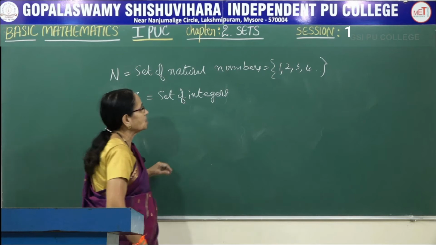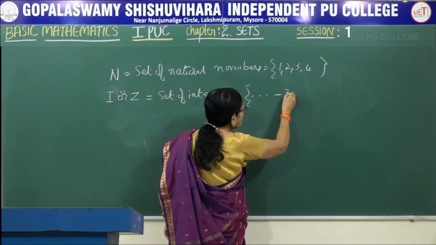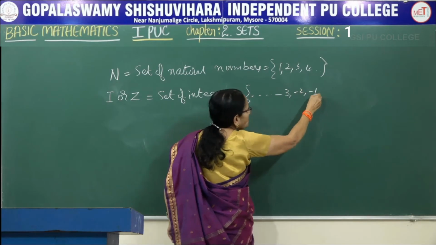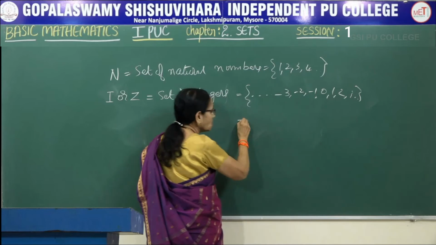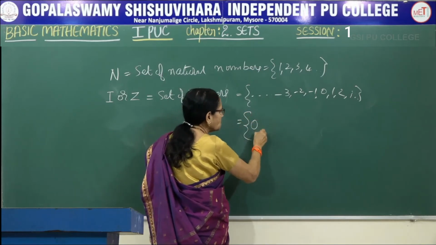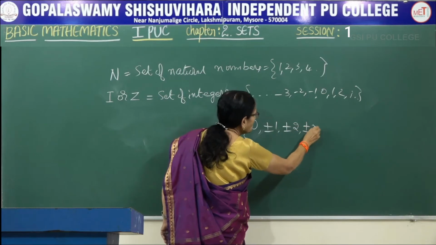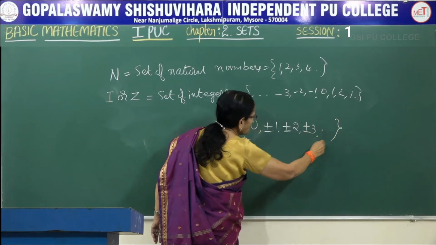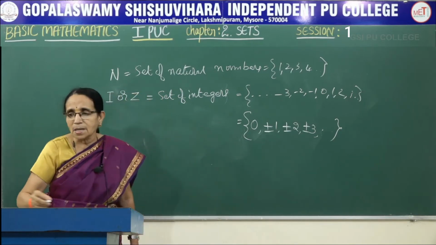Whereas in the set of integers, you can write like this: dash, minus 3, minus 2, minus 1, 0, 1, 2, 3, etc. Or it can also be represented like this: 0, plus or minus 1, plus or minus 2, plus or minus 3, etc. Okay, writing them together because it contains only the integers.